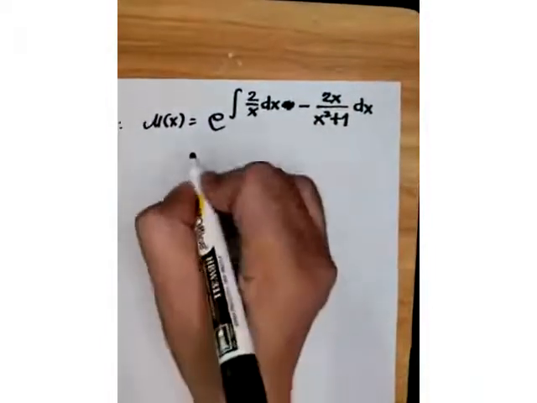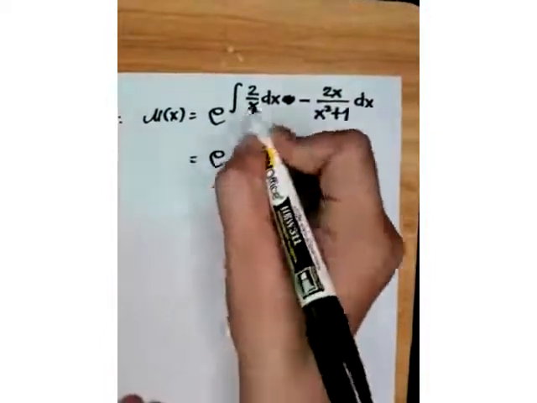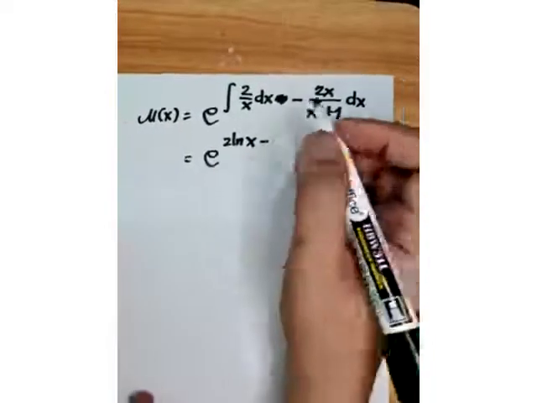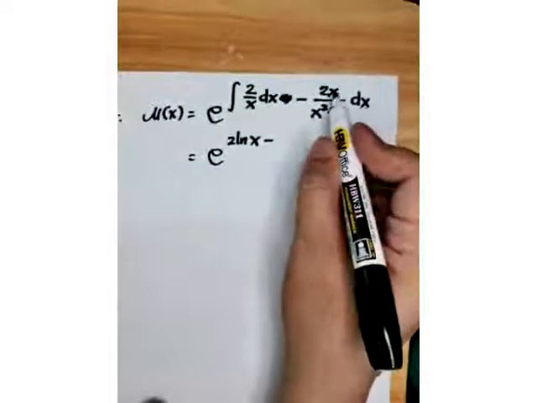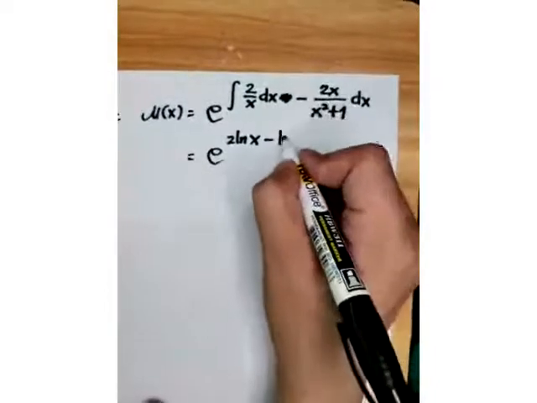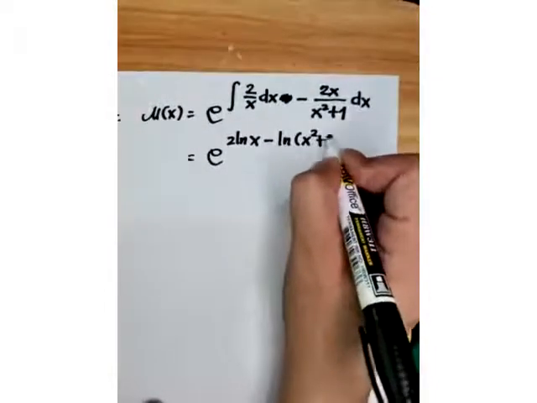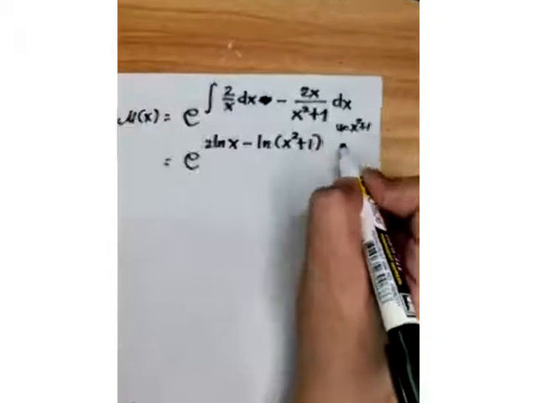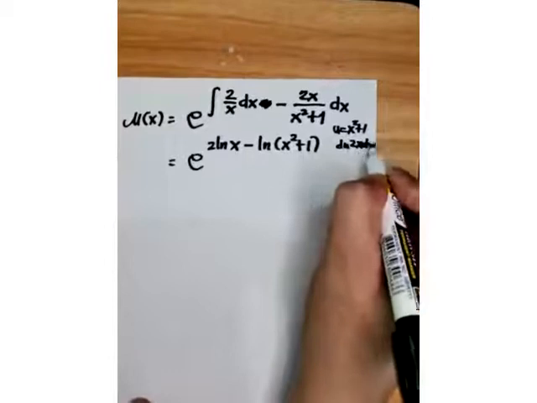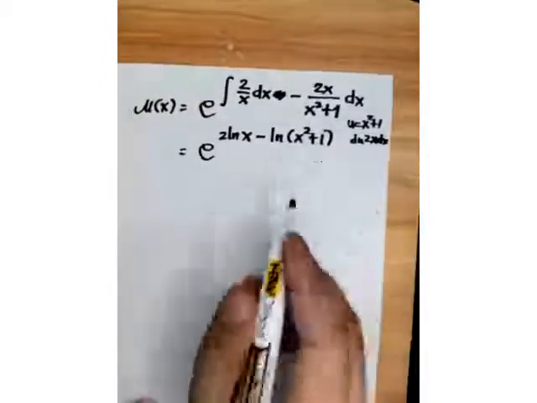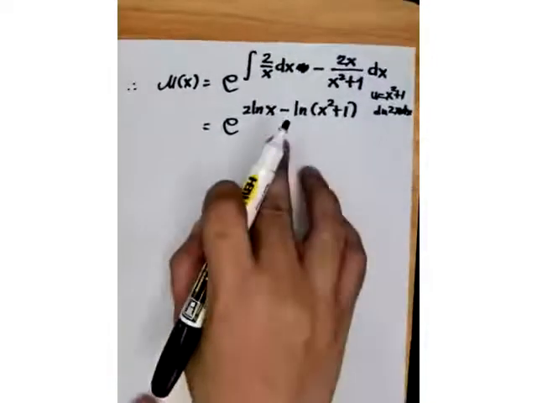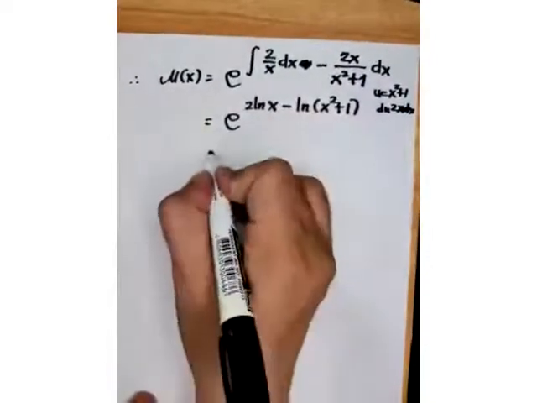Okay, so let's do the integration. So that's e raised to 2 ln of x minus ln din to. So ln of x squared plus 1. Kasi ang u natin dito ay x squared plus 1. Ang du natin ay 2x dx.